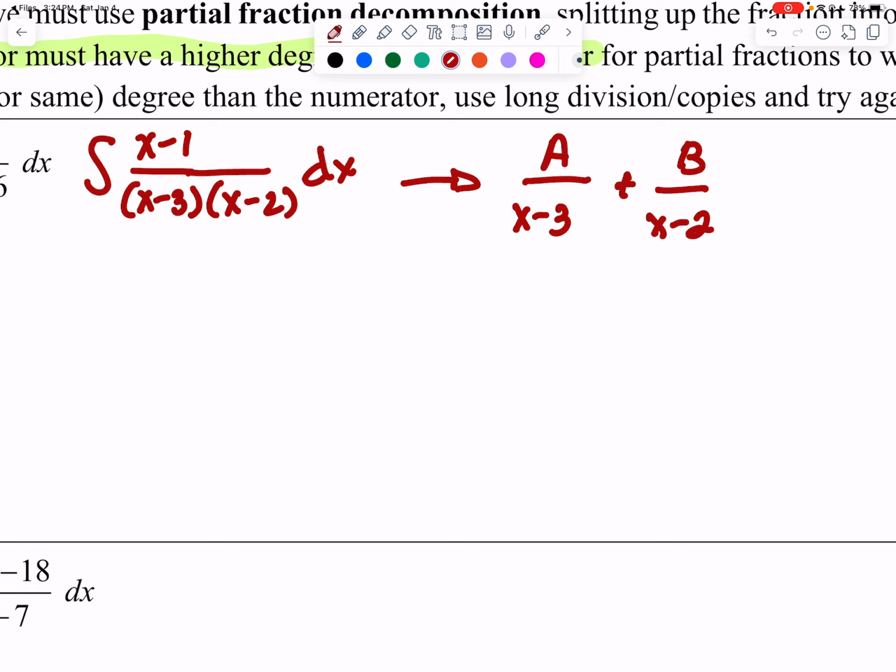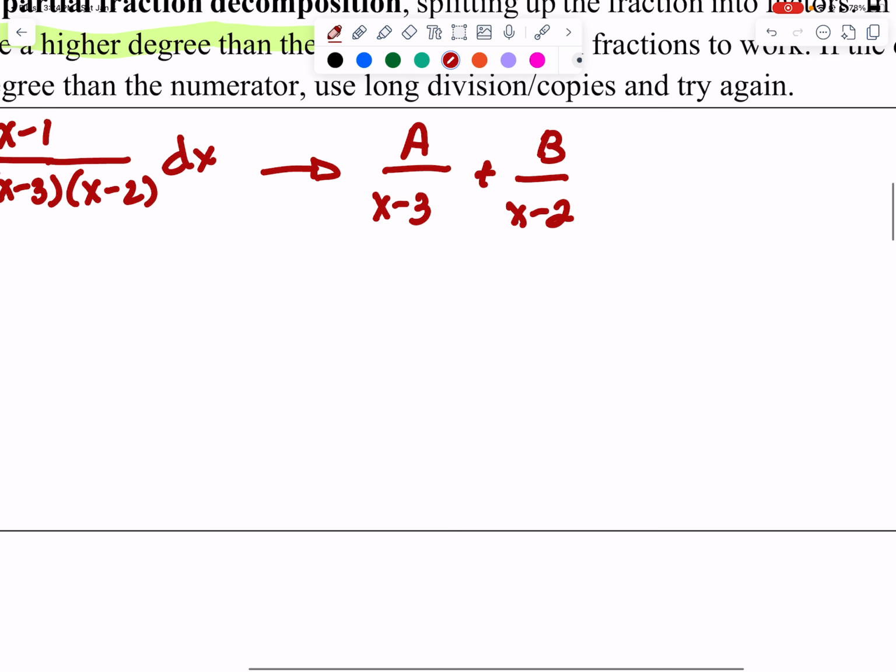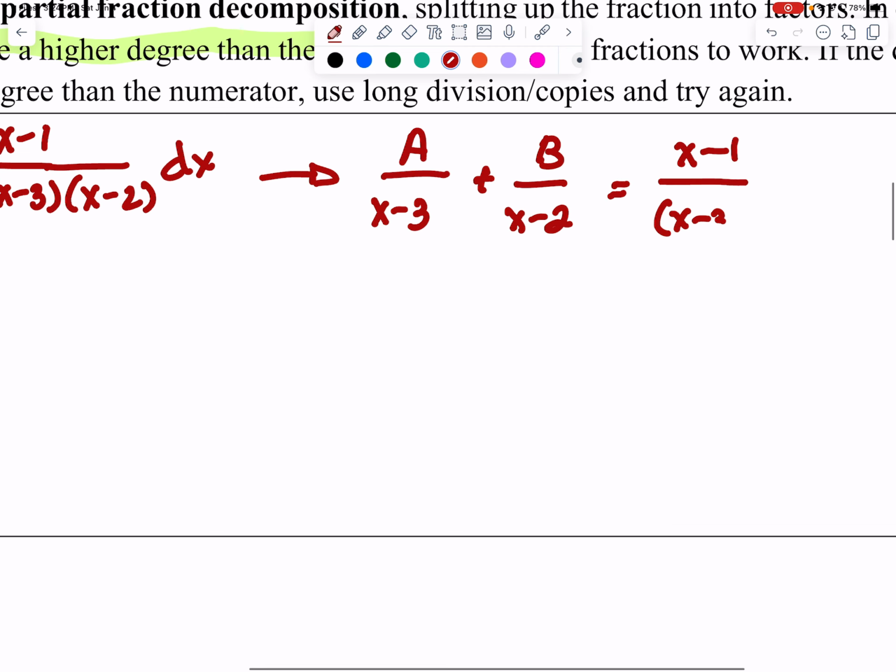And A and B are going to represent coefficients, constants that we want to find, so that it gives us x minus 1 over x minus 3, x minus 2 that we want.